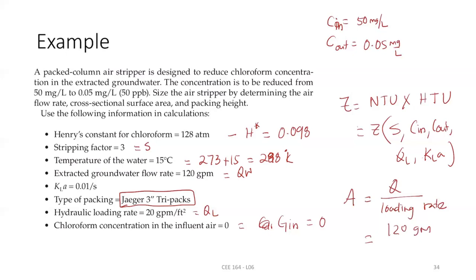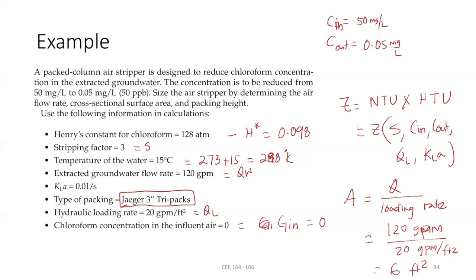That's the amount of water, and then the hydraulic loading rate is 20 GPM per square feet. So that means it will be 6 square feet. So all I'm saying is that the area should be maximum 6 square feet.